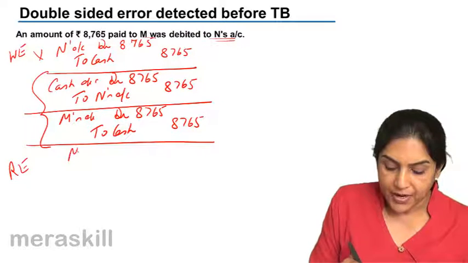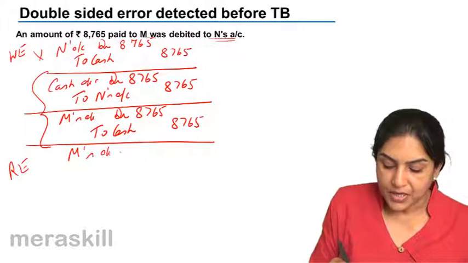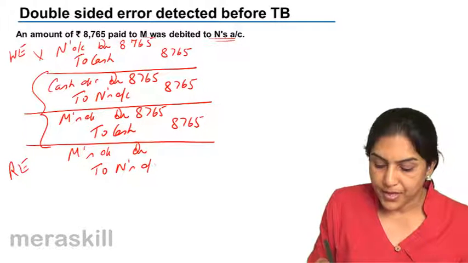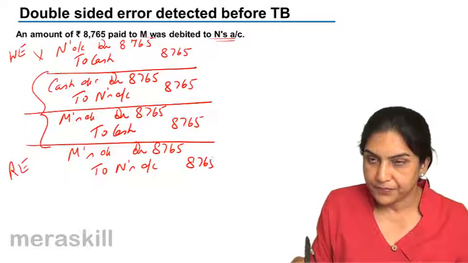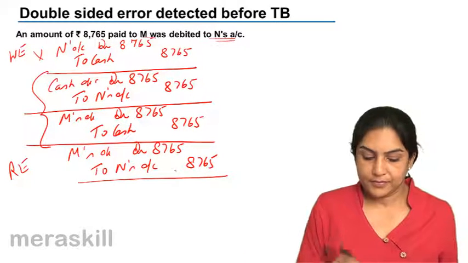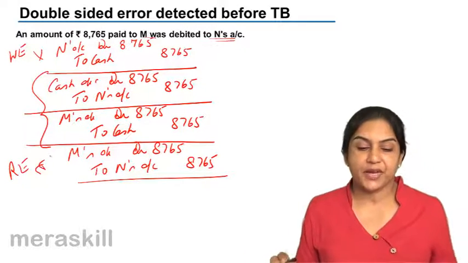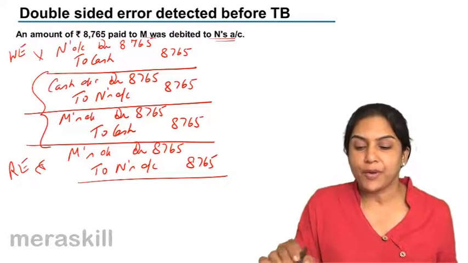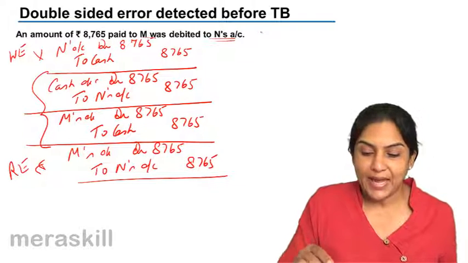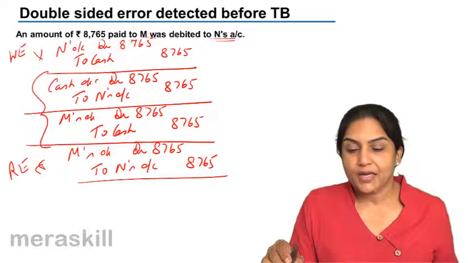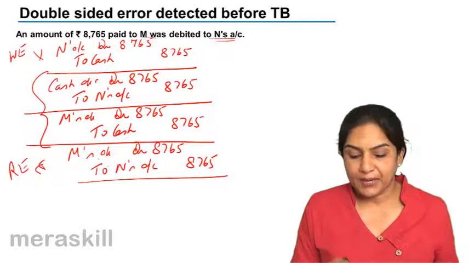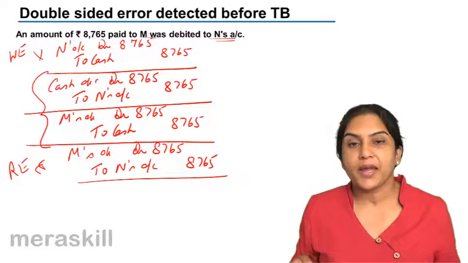Therefore, the rectifying entry would be M's account debit to N's account 8765. So this is our rectifying entry. It is simple. An amount of 8765 paid to M was debited to N. So instead of debiting M, we debited N. So we credit N's account to remove the wrong debit, and we debit M's account since it has to be debited.